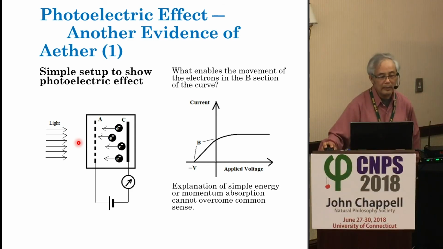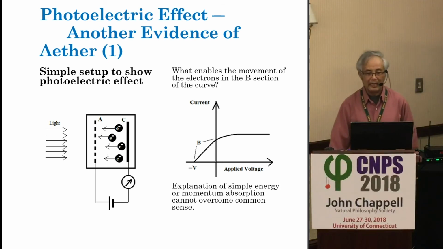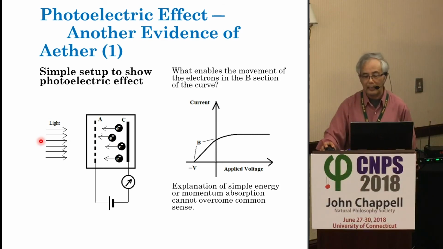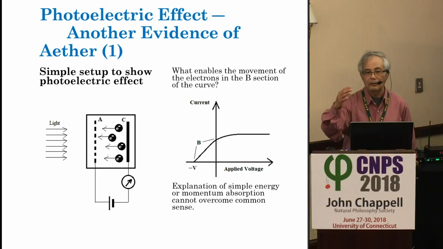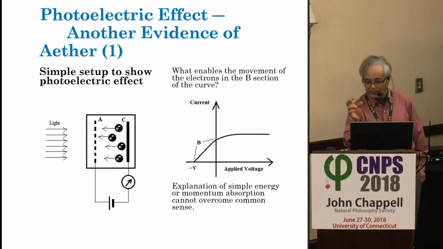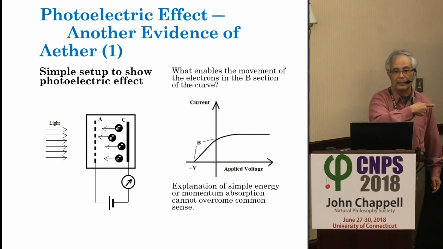The conventional, or mainstream, explanation is that the electron absorbs the energy of the light, or the momentum of the photon, and that's why it flies off. But what is the process of the absorption, and how do they convert the moving direction of the light to the opposite direction of the electron?